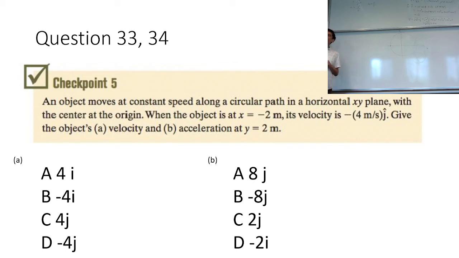Yeah, the velocity's only pointing down. Exactly. If it were somewhere in between, the velocity would be pointing diagonally, but this is pointing exactly down, and this is at x equals -2.